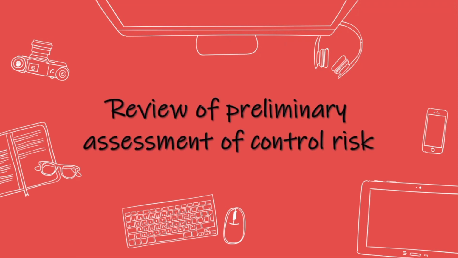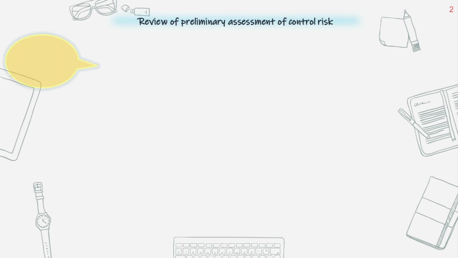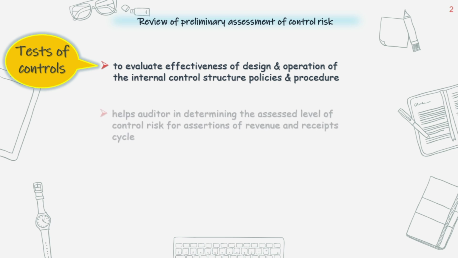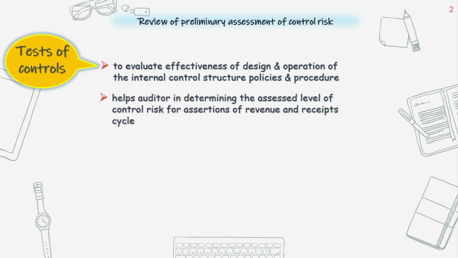Review of preliminary assessment of control risk. The purpose of test of control is to evaluate the effectiveness of design and operation of the internal control structure, policy, and procedure. In return, it helps the auditor in determining the assessed level of control risk for accession of revenue and receipt cycle.